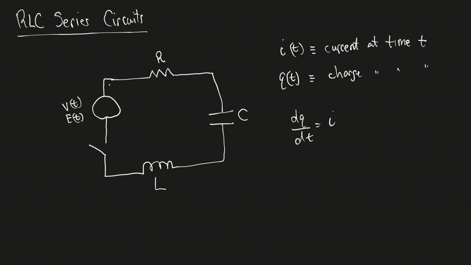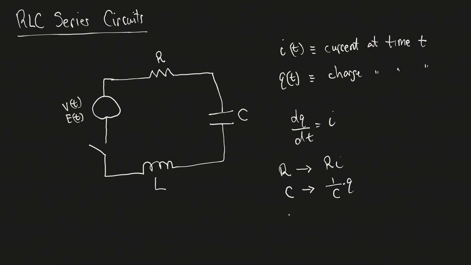Now, even though this circuit is just slightly more complicated than the RL and the RCs that we saw, it still abides by the same principles. And we have to thank Kirchhoff for those principles, and we know about the voltage drop. So let me just remind you, across a resistor, the voltage drop is simply your R times I. Across a capacitor, the voltage drop is 1 over your capacitance times your charge.